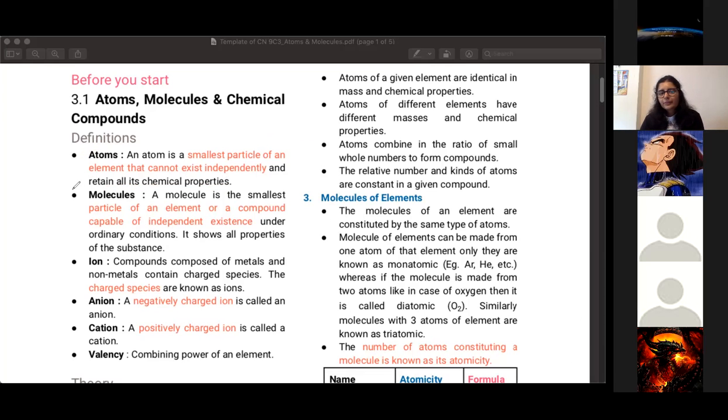How does it differ from a molecule? What's the difference? When two atoms join together, it's known as a molecule. If I keep two atoms just side by side in a small enough box, will I get a molecule? No, ma'am, they should join.